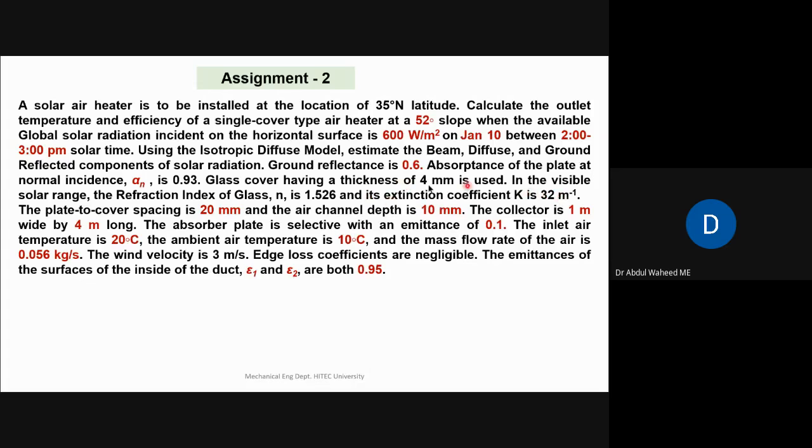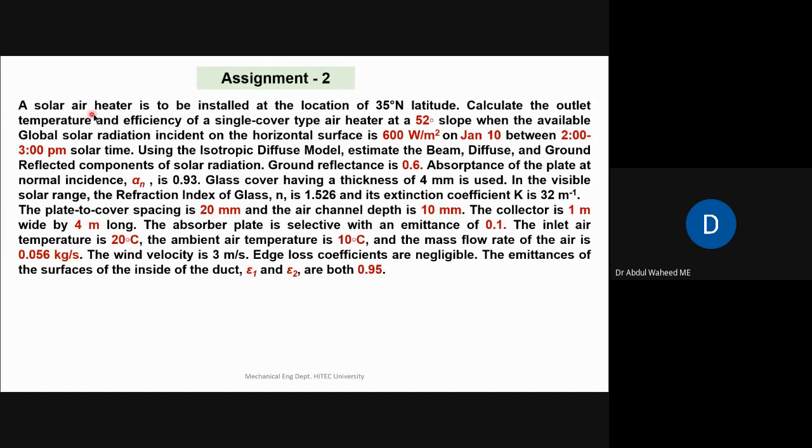So with the help of this glass data, you will be able to calculate tau for every term, whether it is beam, diffuse, and ground reflected, and then you will have to calculate alpha and then tau alpha, and then you will calculate the absorbed radiation S, and then you will solve the rest, the thermal part, the plate to cover space.